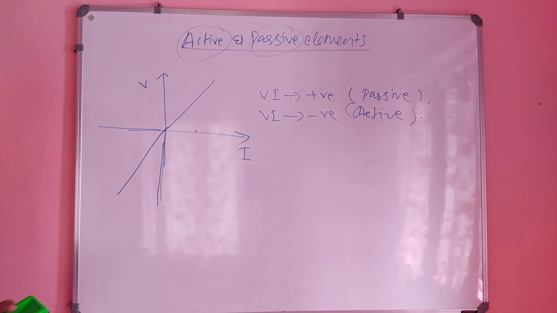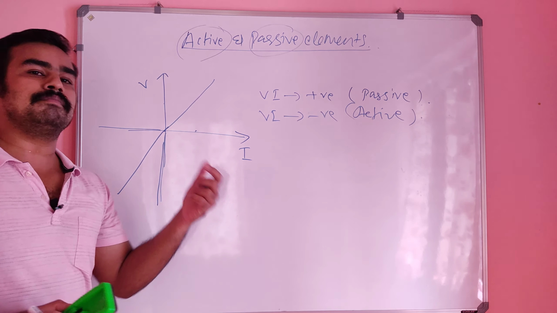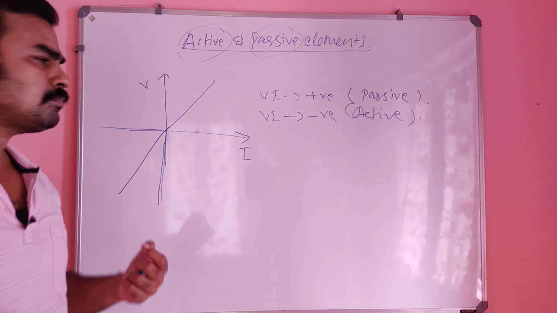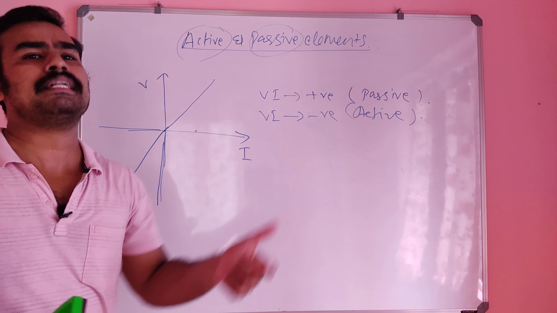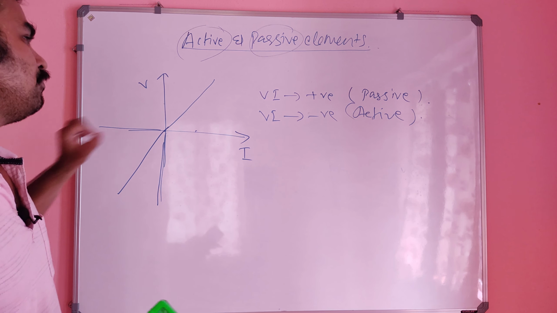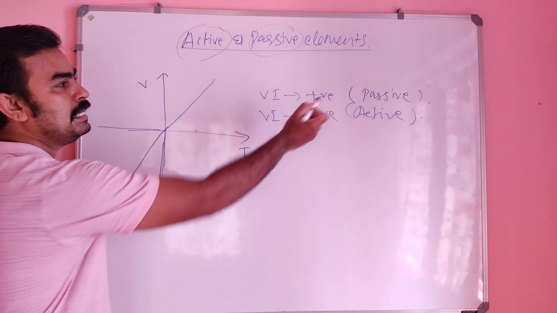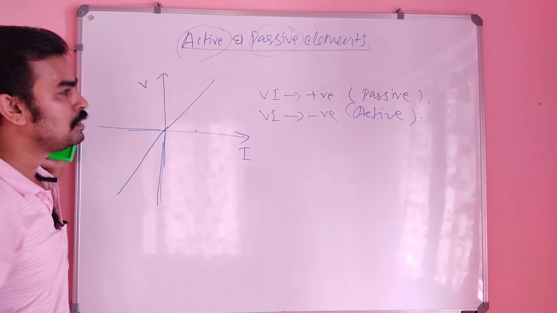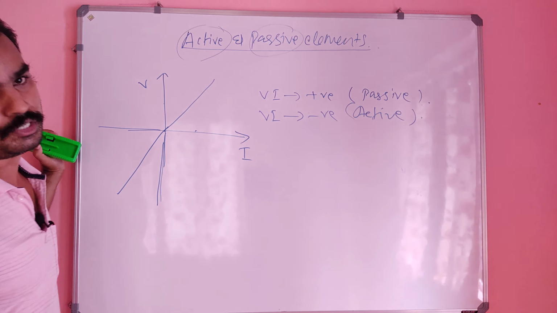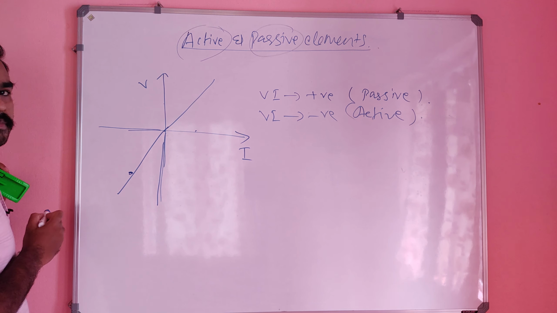This is the trick. Generally in examinations, we won't give the elements directly, but instead we will give the graph. So from this graph we can find whether it is active or passive. V into I positive for passive and V into I negative for active. So here, suppose we consider this point.